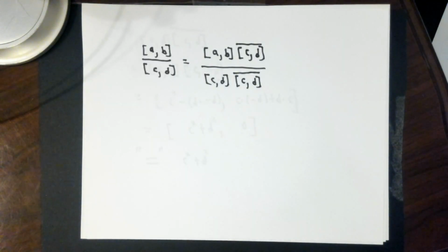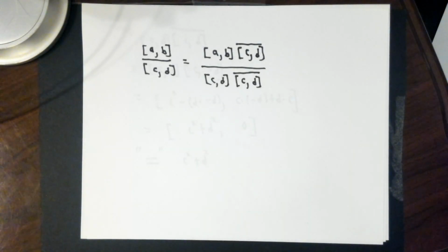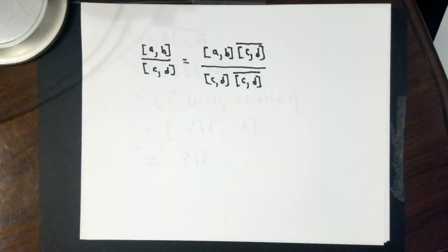Writing all of our results, we get this. It's tempting to think that you could make life easier on yourself by canceling out the conjugate of C comma D. While logically valid, you wouldn't want to do that because that's just going to give you an equation that says AB divided by CD is AB divided by CD, and that won't be of any use to you.